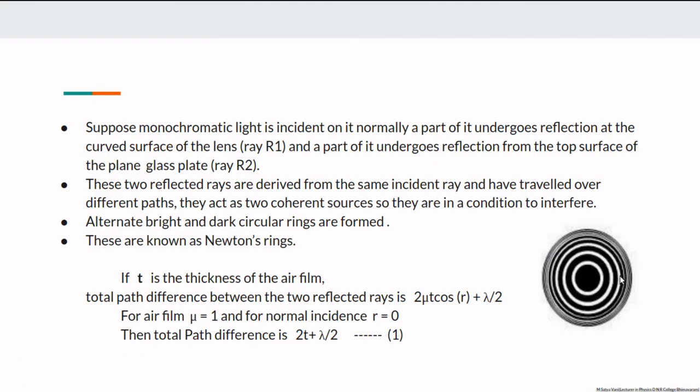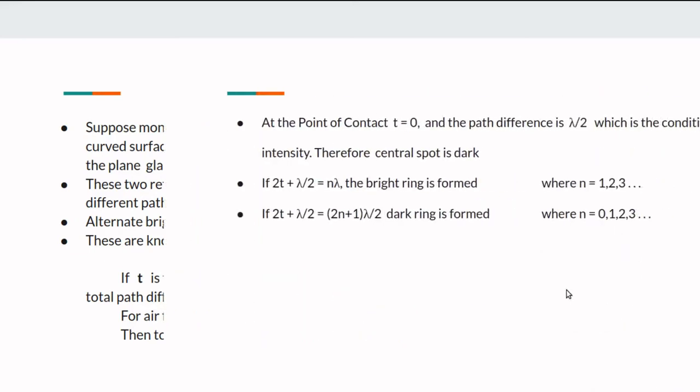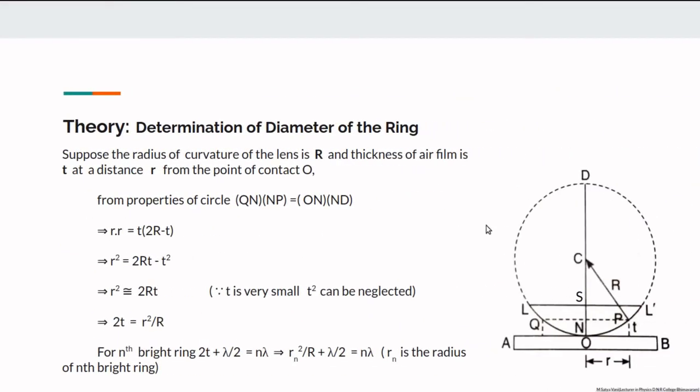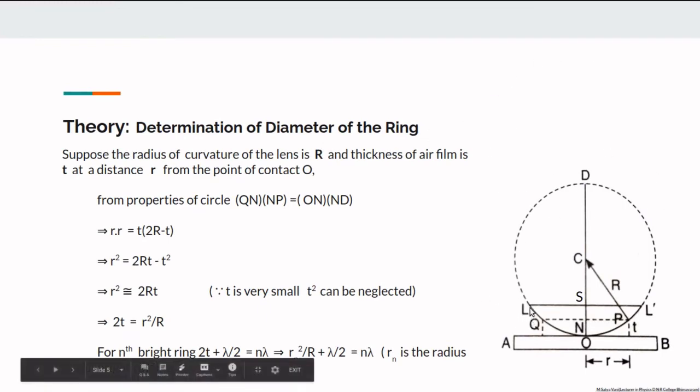For example, if you consider this ring, this is the third bright ring, and we have to determine the diameter of the ring. For this purpose, consider a plano-convex lens. LOL' is the plano-convex lens, and this is the plane glass plate.